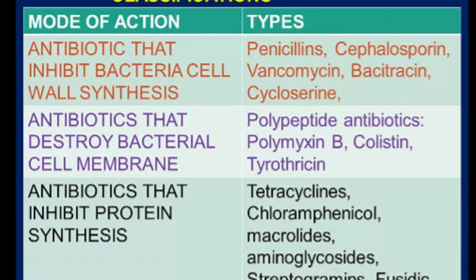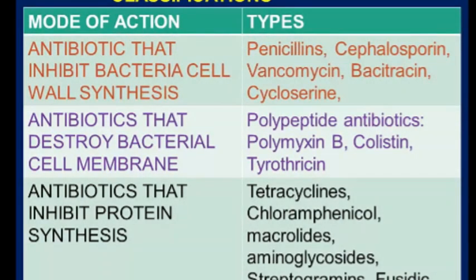How these antibiotics work is they attack the cell wall of these bacterial organisms and stop the synthesis of this cell wall. By doing this, it inhibits the action of the organism. Most of these organisms depend on their cell wall synthesis to survive. This is the mode of action of the penicillins, which we also call the beta-lactams.